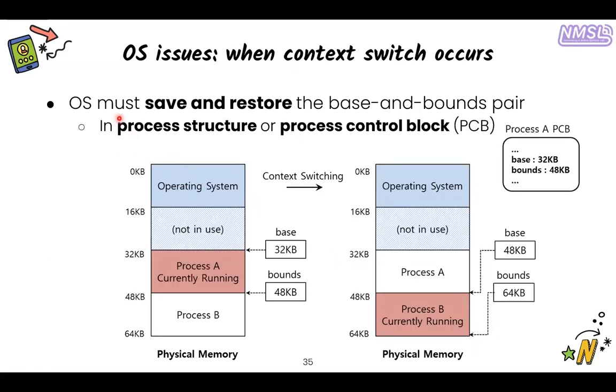In terms of save and restore, let's say process A is currently running, with base 32 and bounds 48. There is a data structure called the process structure or process control block for each process, so you store that value. Now you're switching to process B, so your base and bounds need to be updated. This is the role of the operating system when a context switch occurs in terms of memory virtualization.